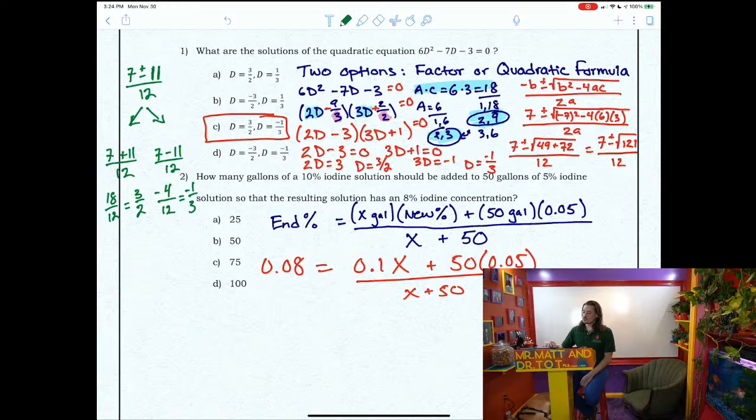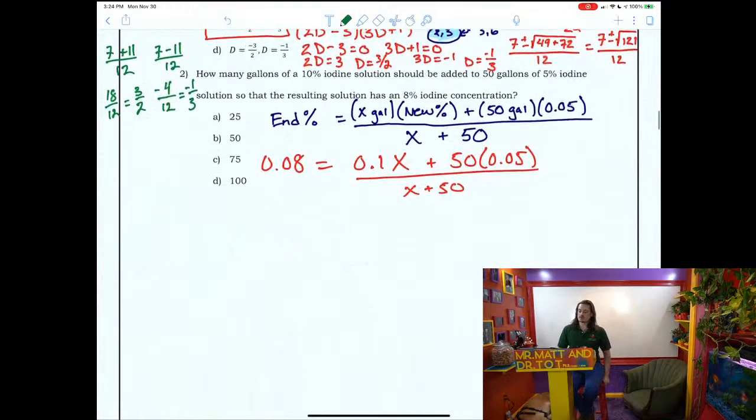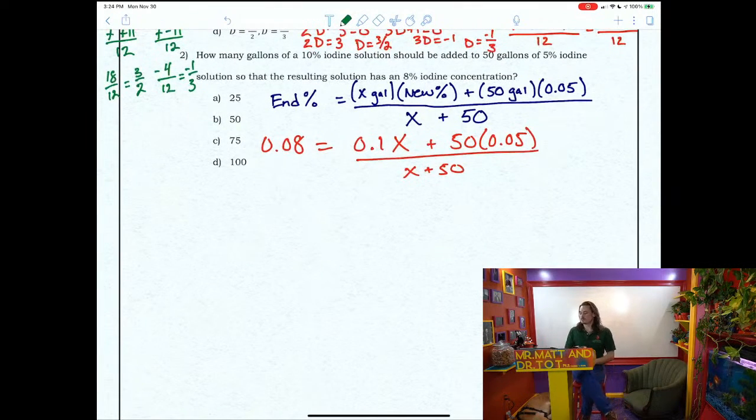For number 2, it's almost similar to what we have going on here, it's kind of a weighted average problem.